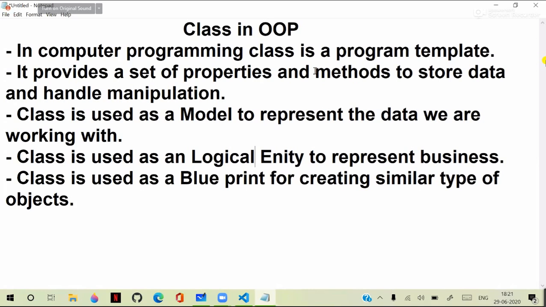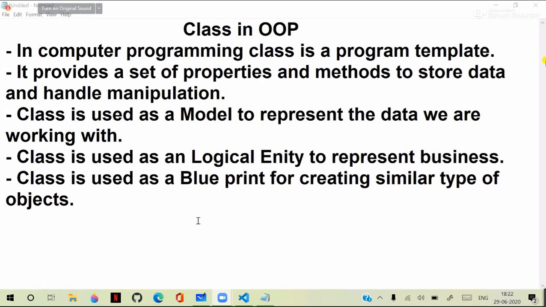Logical entity means we have a conceptual model, physical model, logical model. So it represents the business, the business requirements. That's the reason it is called a logical entity. So it is a blueprint, it is a model.